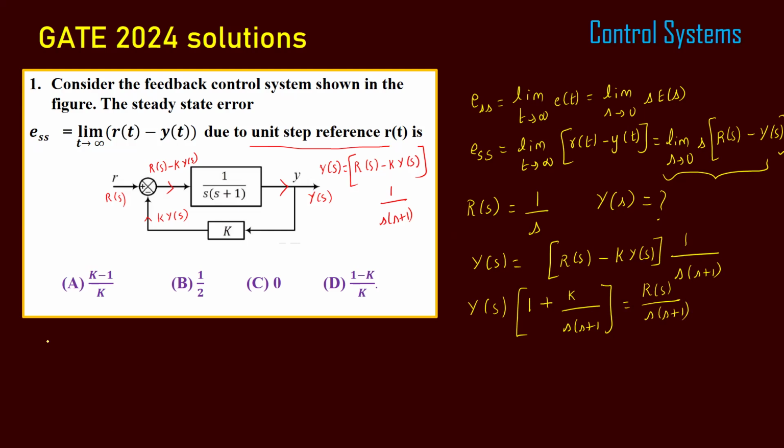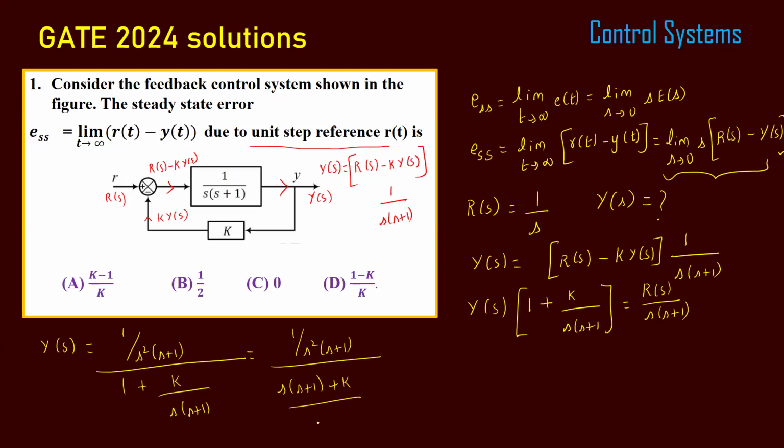Let me simplify for Y of S. R of S is 1 by S, so it is 1 by S square into S plus 1, divided by 1 plus K by S into S plus 1. Again, this simplifies as 1 by S square into S plus 1, with S into S plus 1 plus K in the numerator, the whole divided by S into S plus 1. Now this S plus 1 we can cancel, and one S we can cancel. So totally it is 1 by S into the whole brace S into S plus 1 plus K. This is what we have found for Y of S.